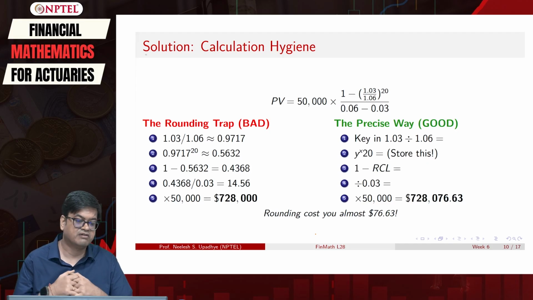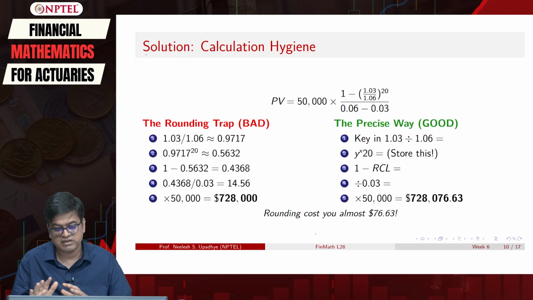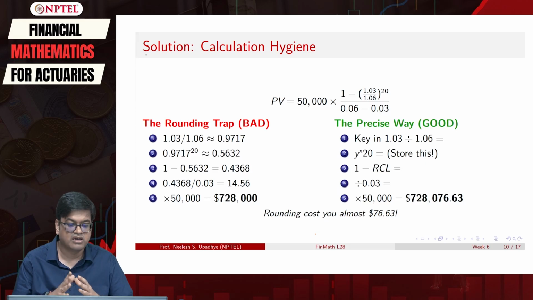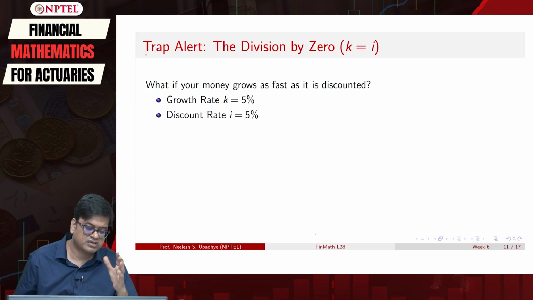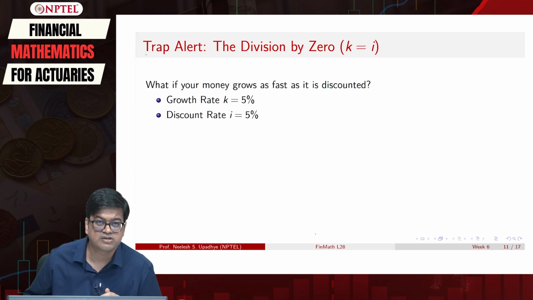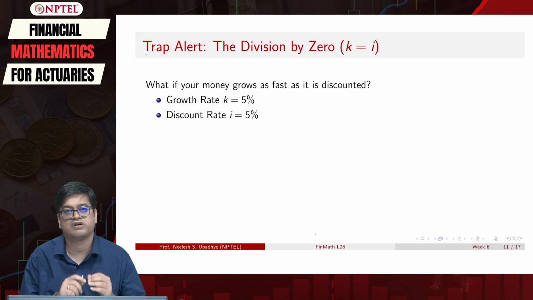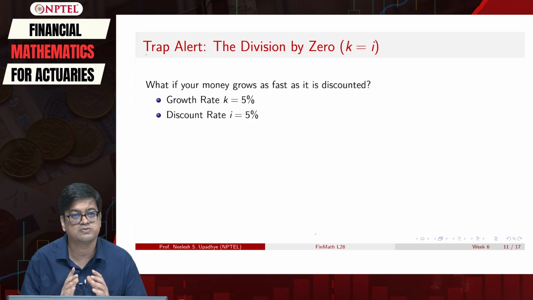Okay, so we have covered how to use the calculator and how to derive this formula. However, this formula was derived for k not equal to i. How will you handle the case when k is equal to i? Because our geometric sum was not giving any answer for r equal to 1. When k is equal to i, (1 plus k) upon (1 plus i) is 1.